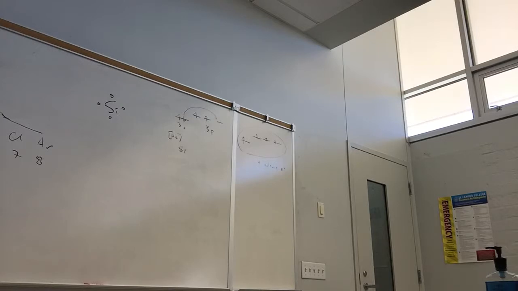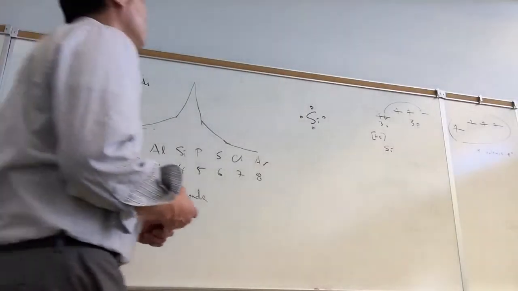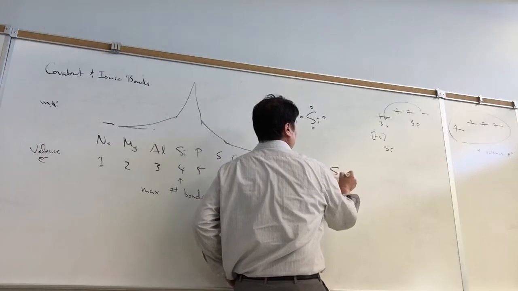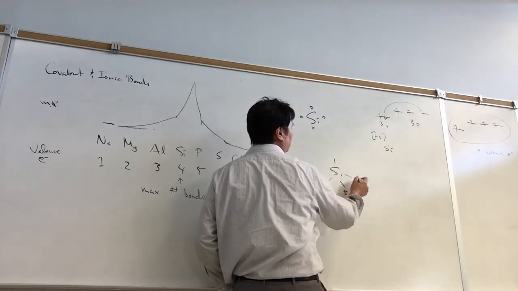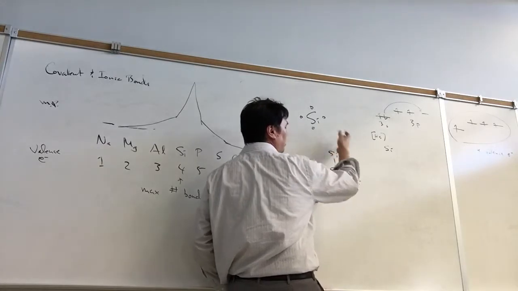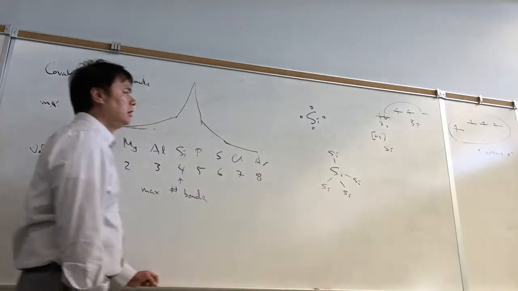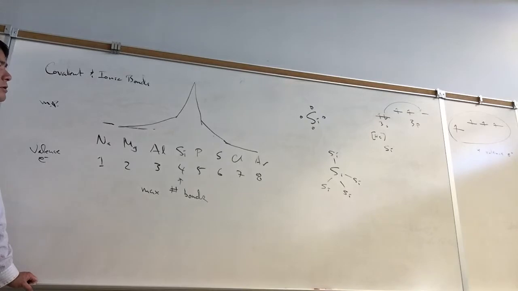Therefore, if we've got 4 bonds holding everything together, it's going to have a very high melting point. Typically when we think about silicon, it's going to have a structure like this, where there are 4 bonds to other silicons, and these silicons in turn will have 3 more bonds to other silicons, so altogether 4 bonds.